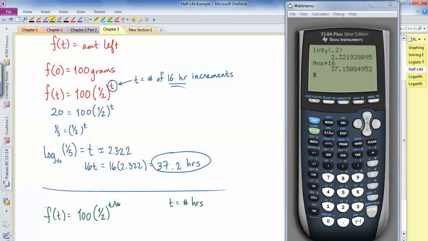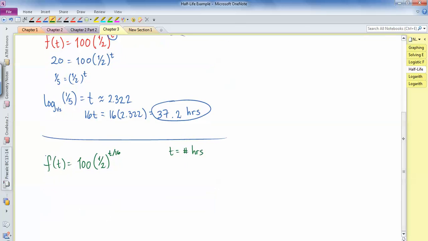So if you solve this directly, 20 equals 100 times 1/2 to the t over 16. If I divide by 100, I get 1/5 equals 1/2 to the t over 16.